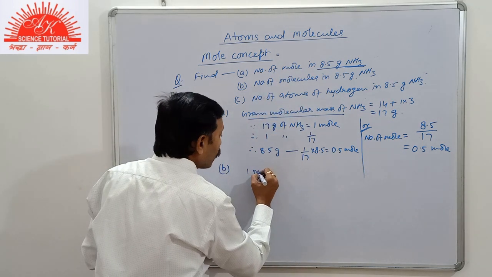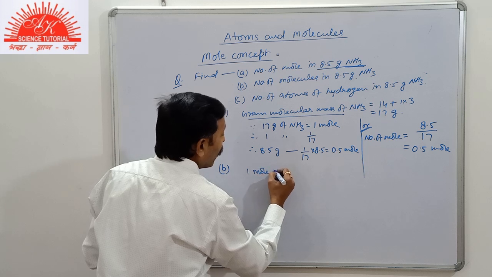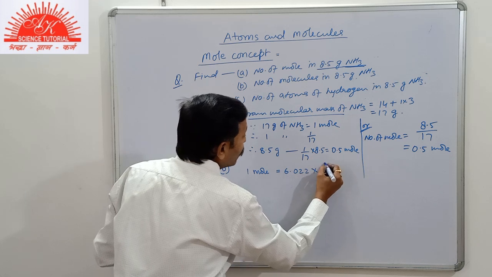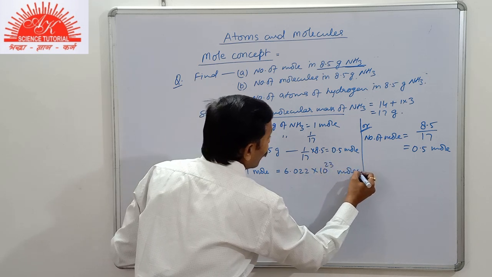As we know that 1 mole is equal to 6.022 into 10 power 23 molecules.